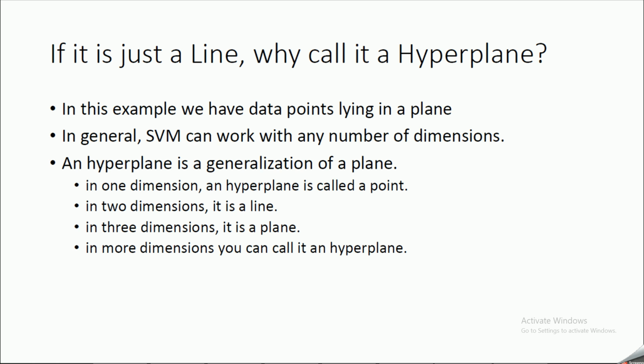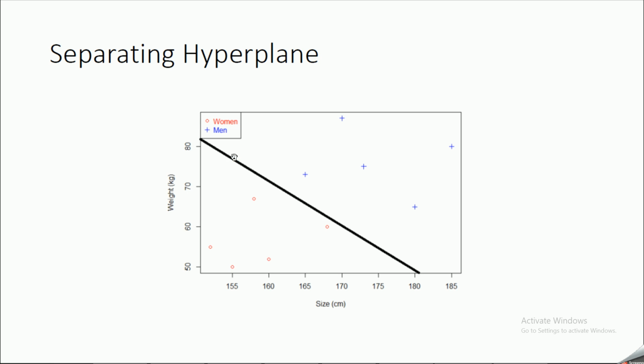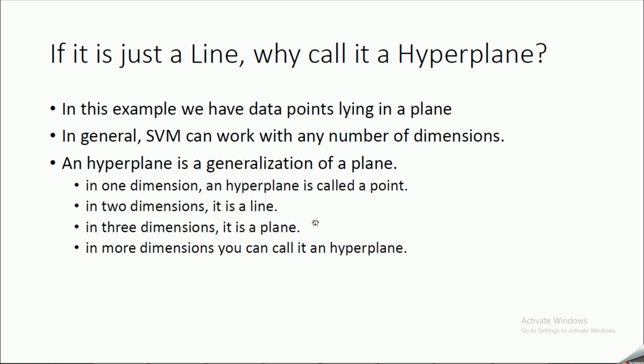If we consider one dimension, then the hyperplane is called a point. If it is two dimensions, it is called a line. Over here, this is your two-dimensional data, and the decision boundary acts as a line. If it is three dimensions, then definitely it's a plane. And if you have more than three dimensions, then we call it a hyperplane. I hope this point is clear.